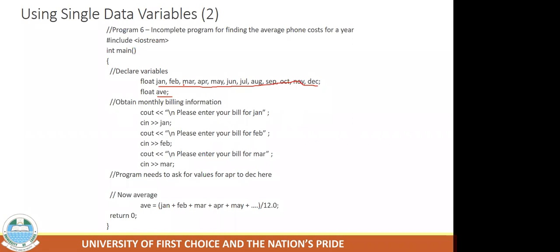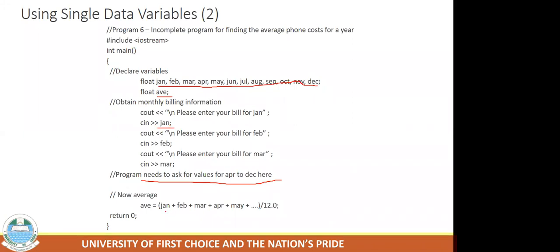You can see we ask the user to input the value for January bill, February bill, March bill, up to December. We're not going to waste our time writing all that. As the user is inputting the values, they will be stored in the variables. So as the user inputs the value for January, the January variable will have a value, February will have a value, up to December.